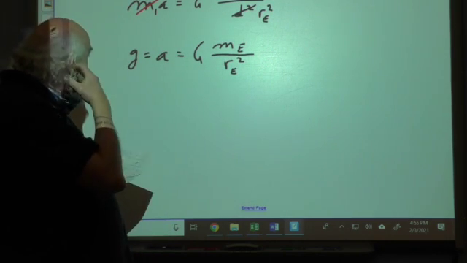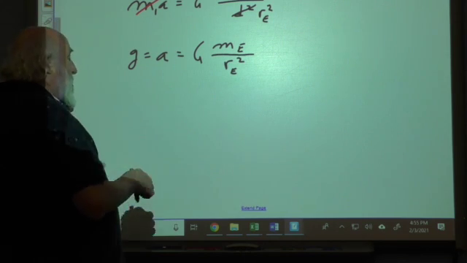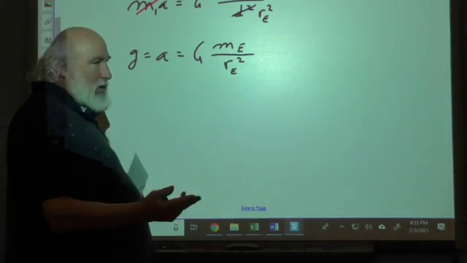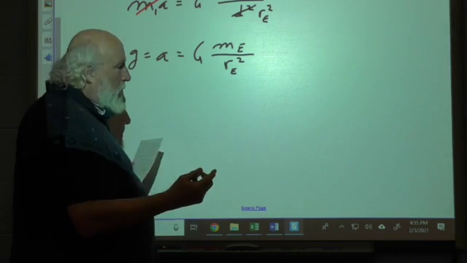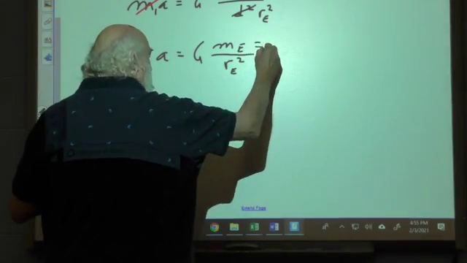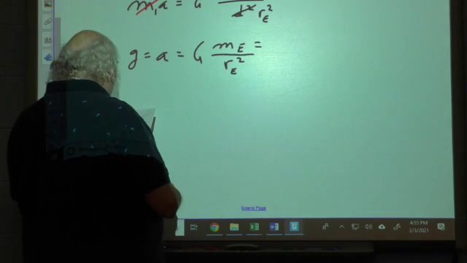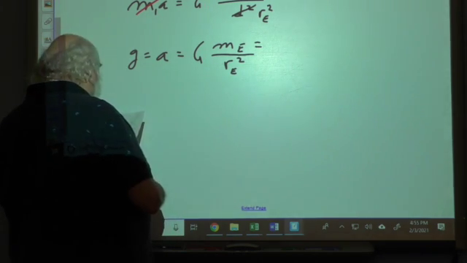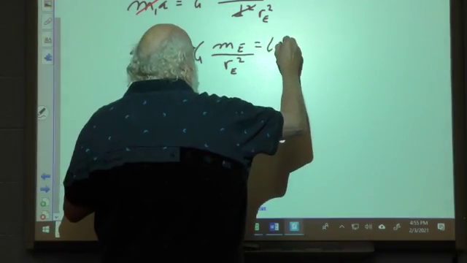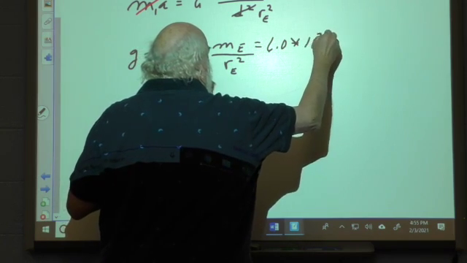All right, so if we go to the book and find the various values, G is 6.67 times 10 to the negative 11 newton meters squared per kilogram squared. The mass of the Earth here is 6.0 times 10 to the 24th kilograms.